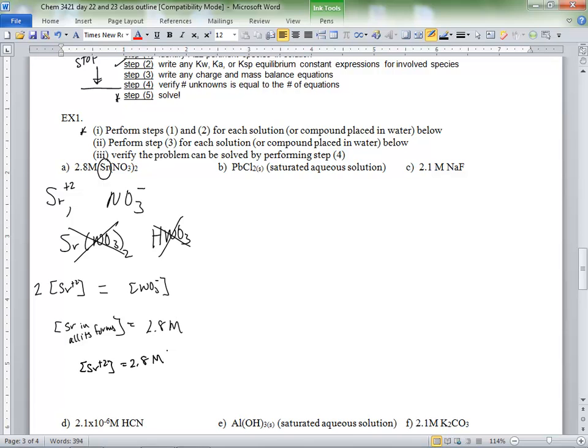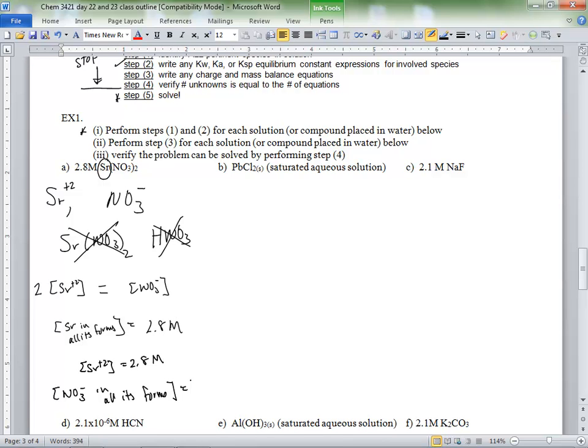The concentration of nitrate in all its forms has to equal, everybody? It's 5.6 because there's 2 of them, right?